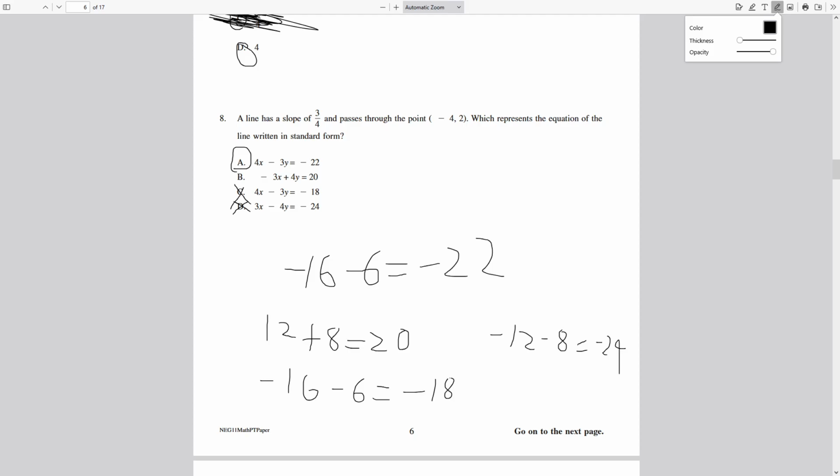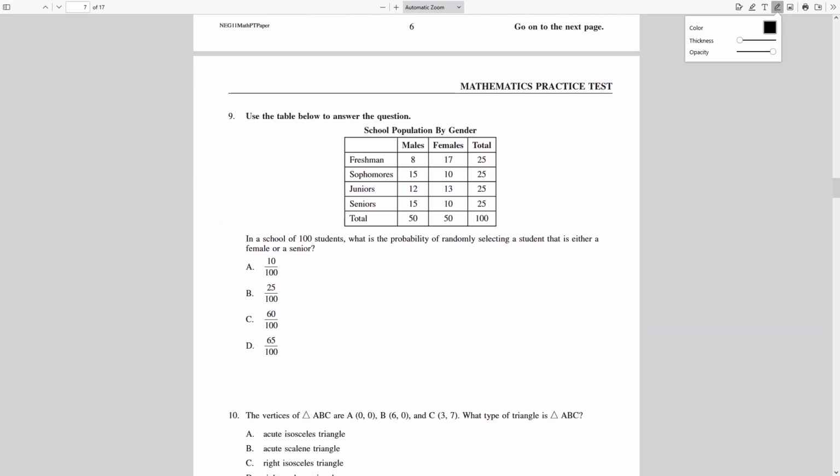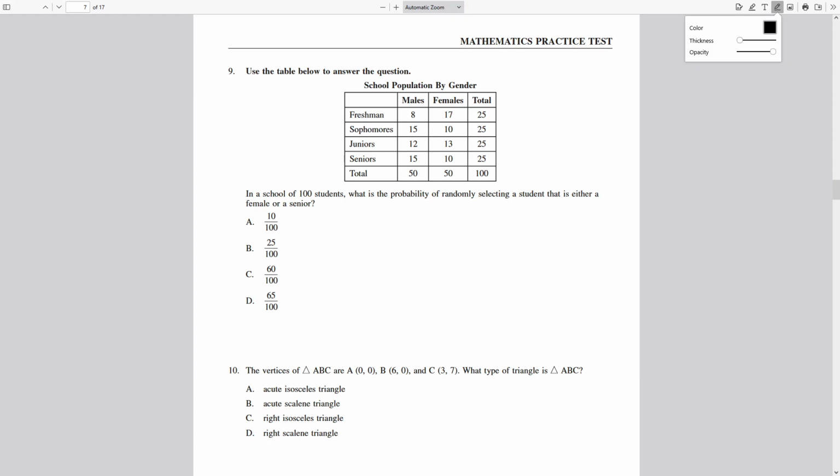And this is the first one I feel like I probably got wrong. Okay, I'm just passing the test. Just want to make sure I'm only passing the test. Okay.